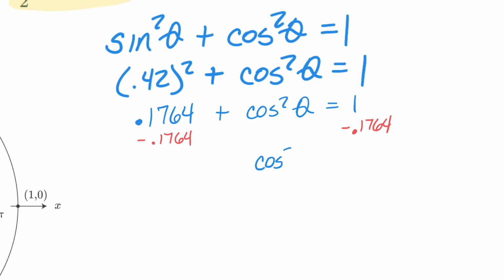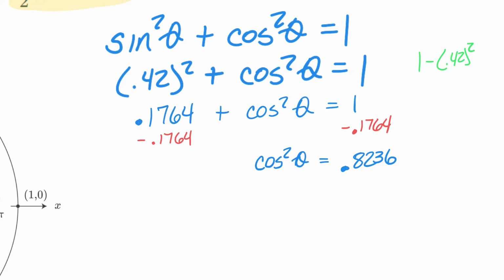Calculator is going to be doing a lot of work for us here. 1 minus this value, and if you want it to stay accurate, just a little side note here, you could go 1 minus 0.42 squared. That's going to keep you 100% accurate, just a little bit longer. So when we subtract 0.1764 from 1, we get 0.8236.